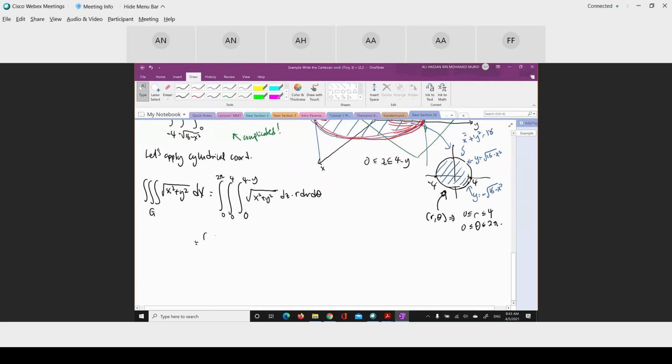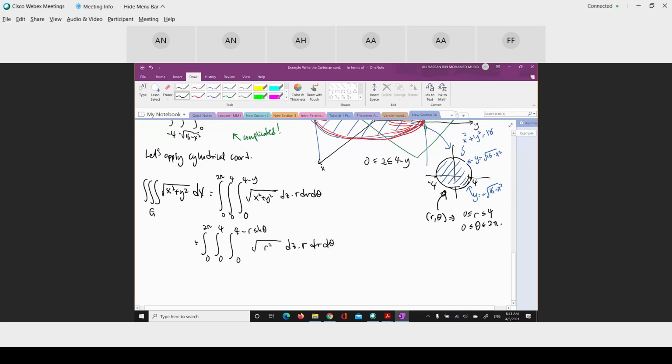And then we need to replace x and y by their relationship with r and theta. So y is r sine theta, and the square root of x squared plus y squared is r.